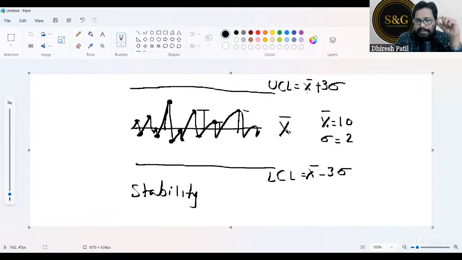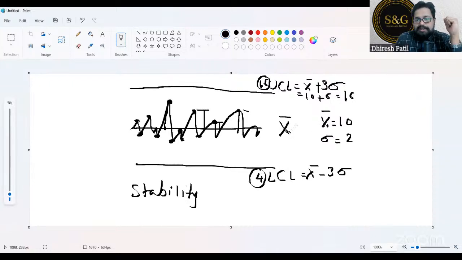Now let's calculate this. X bar is 10 plus 3 standard deviation, meaning 3 into 2, which is 6, which gives 16. So my upper control limit will be 16. And my lower control limit will be 10 minus 6, which is 4.